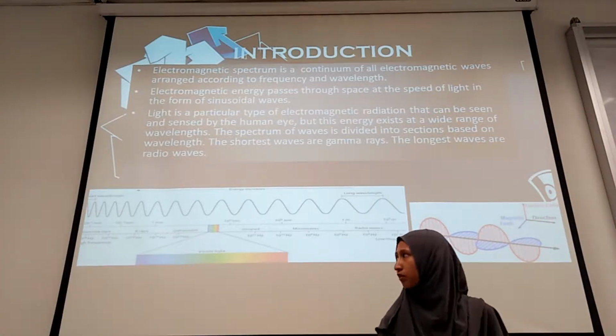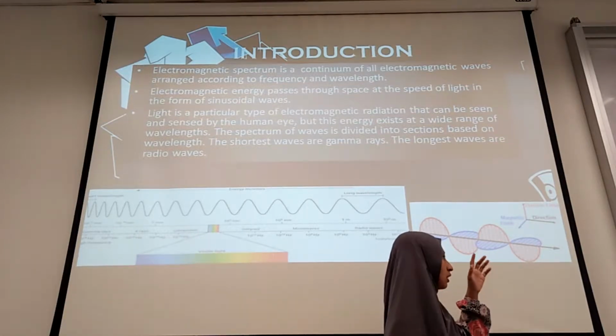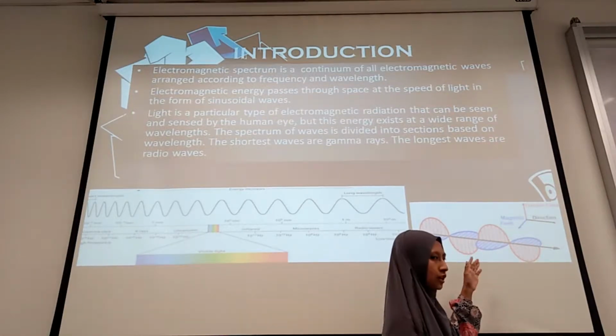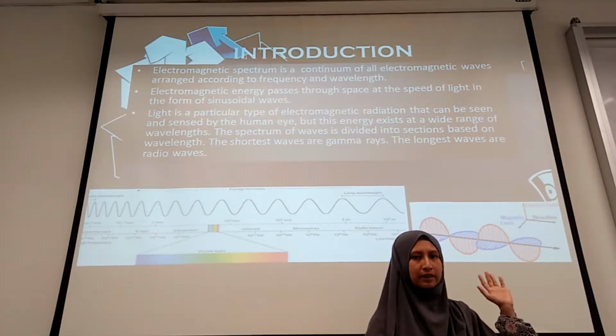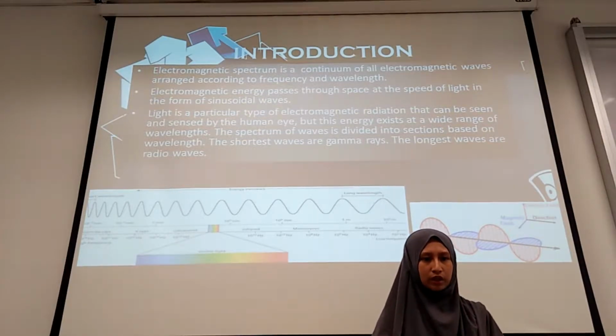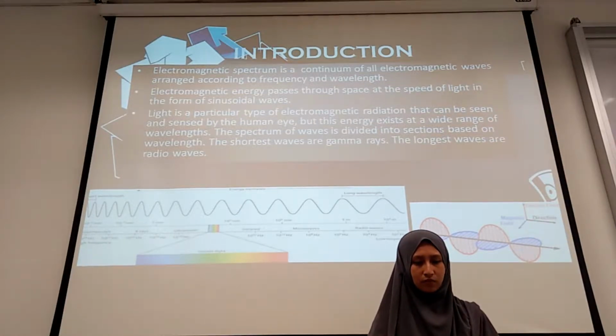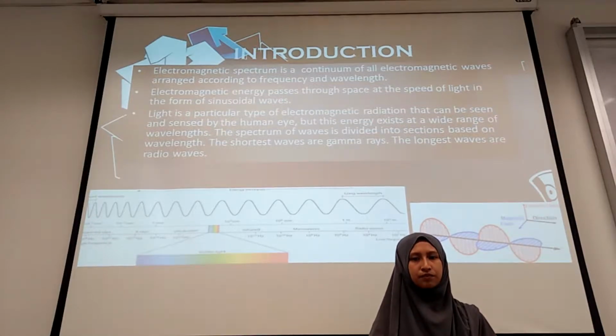In the picture above, you can see sinusoidal waves of the electromagnetic spectrum. The electromagnetic spectrum is arranged from the shortest wave to the longest wave. The shortest waves are the gamma rays, and the longer waves are the radio waves.